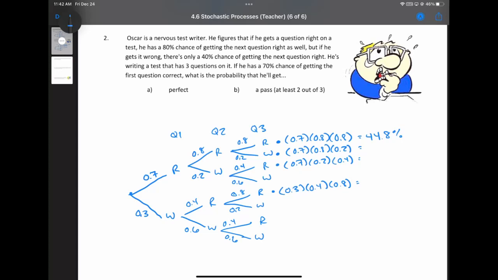The second line is 0.7 times 0.8 times 0.2, which is 11.2%. The next one is 0.7 times 0.2 times 0.4, which is 5.6%. And the last one is 0.3 times 0.4 times 0.8, which is 9.6%.